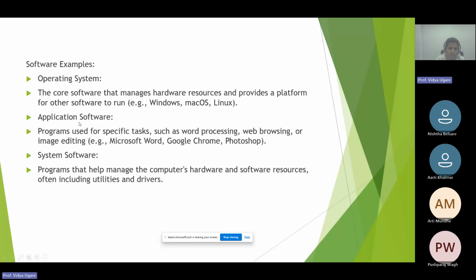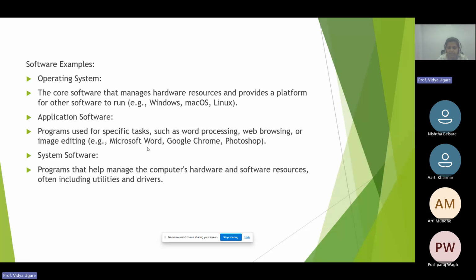Then application software. Application software means additional software which is not mandatory, like Microsoft Word, Chrome, Photoshop, which a user uses to perform a particular specific task. Right now I'm using PowerPoint because I want to create PPTs and display them to you.